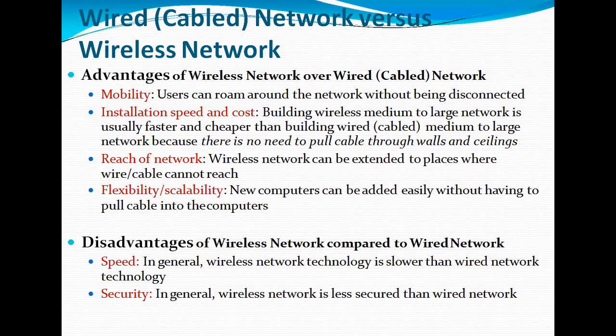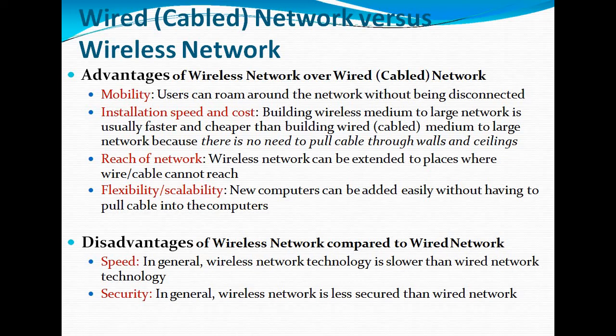Next, reach of network. Wireless networks can be extended to places where wired or cables cannot reach. Flexibility and scalability: new computers can be added easily without having to pull cable to the computer. So these are the advantages of wireless network over cabled network.